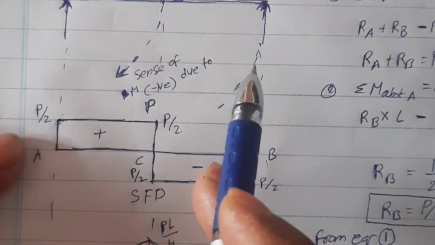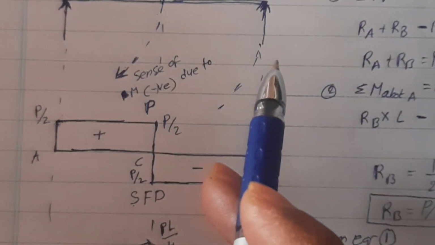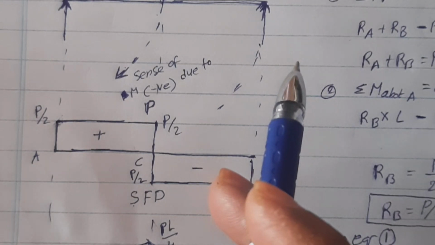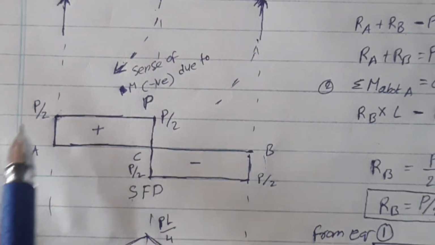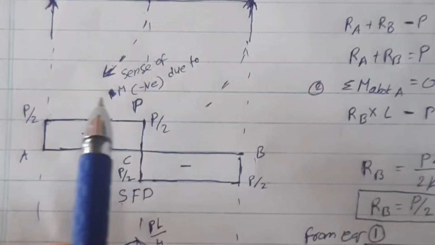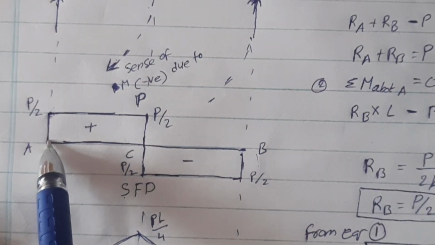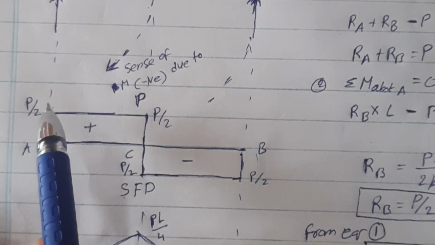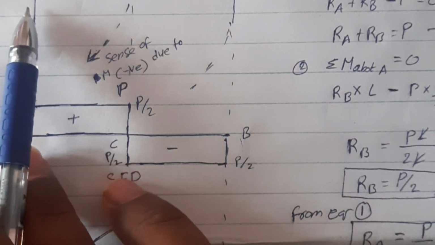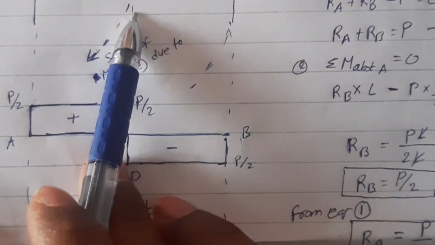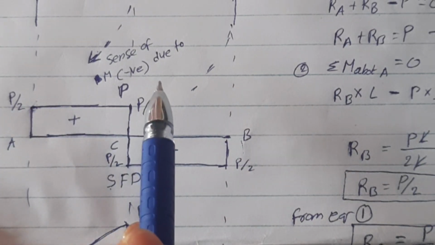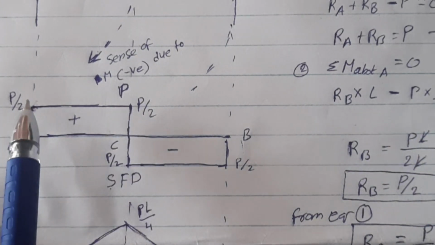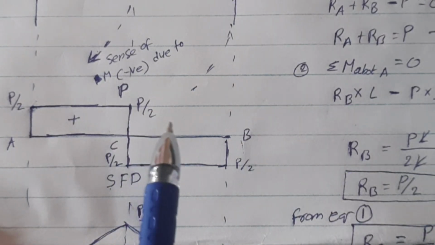In the sign convention, on the left hand side upward is positive and on the right hand side downward is positive. Here I take the left hand side as positive. So at section A we got the shear force as P by 2, and there is no load acting between point A and point C, so the shear force is constant throughout the span from point A to point C.